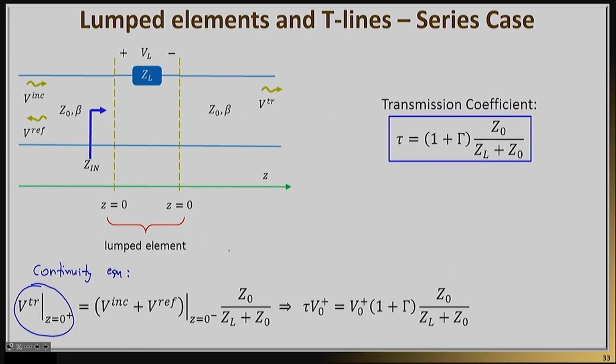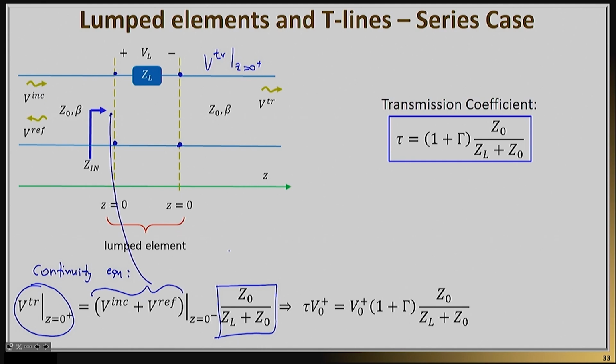But because now my load is in series, I have a voltage division happening right here. So if I look at, for example, how much voltage I have here, this is the V transmitted at z equal 0 plus. It's going to be basically the voltage that I had here, which is this part.